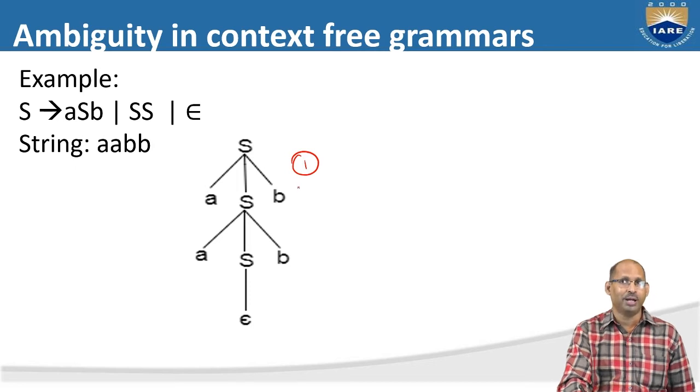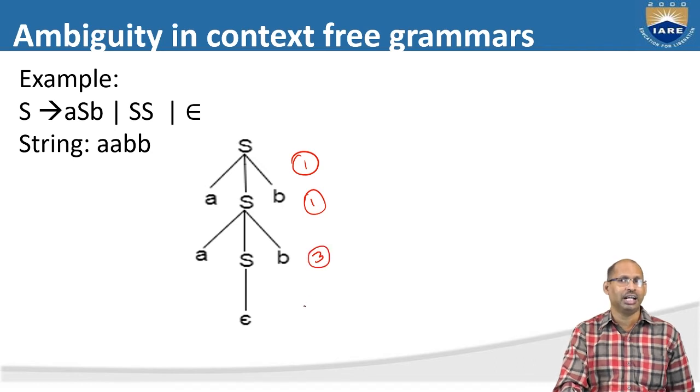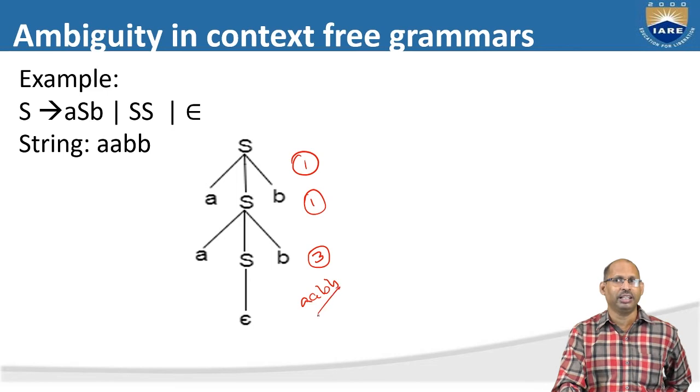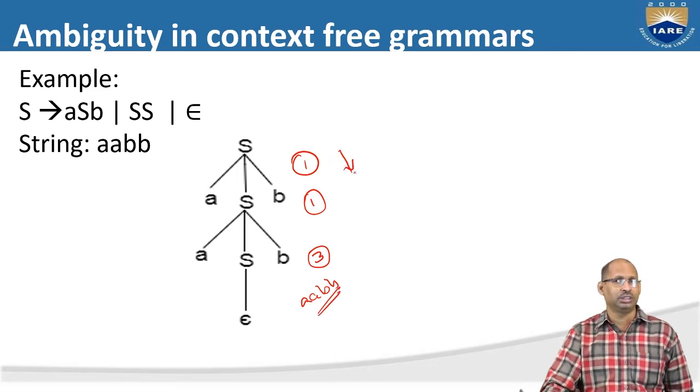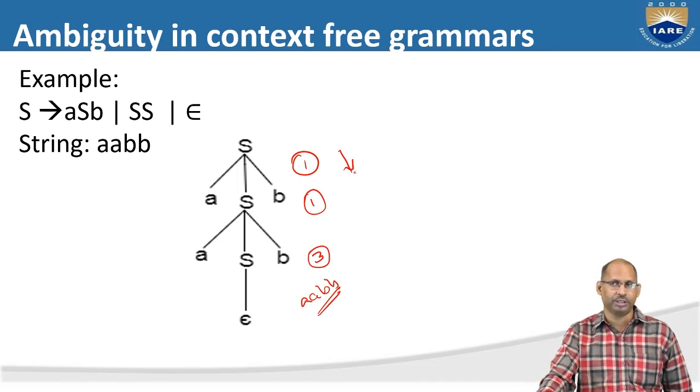Then applying once again production number 1, giving ASB. Applying production number 3, we are getting our required string AABB. We are obtaining AABB by following the sequence of order 1, 1, 3.